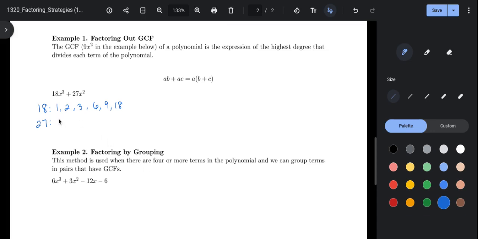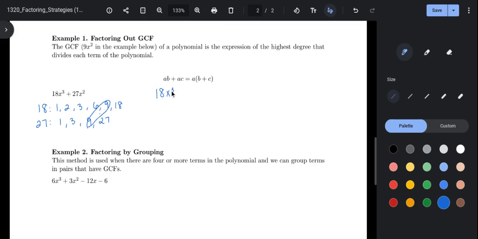To multiply and get 27, we could have 1 and 27. And we could have 3 and 9. So I noticed that the highest number that these two have in common is 9. So that is the first thing that we can pull out.